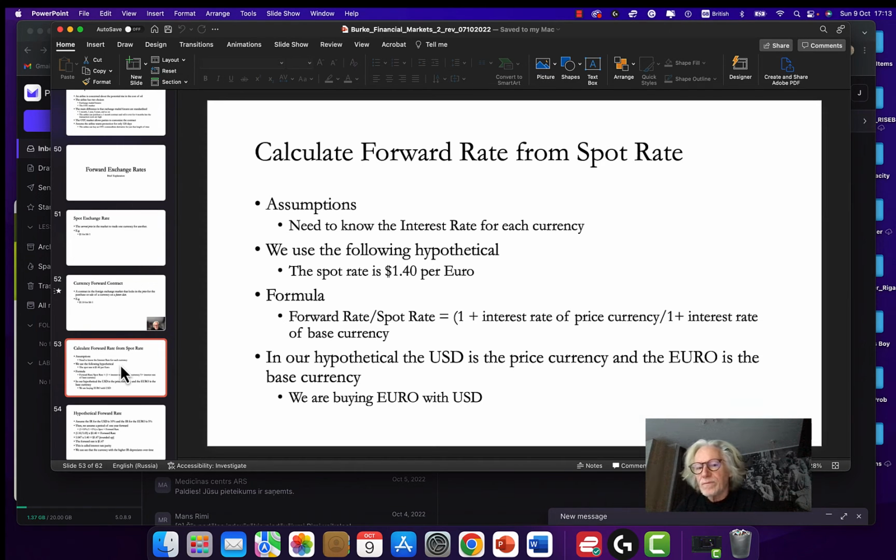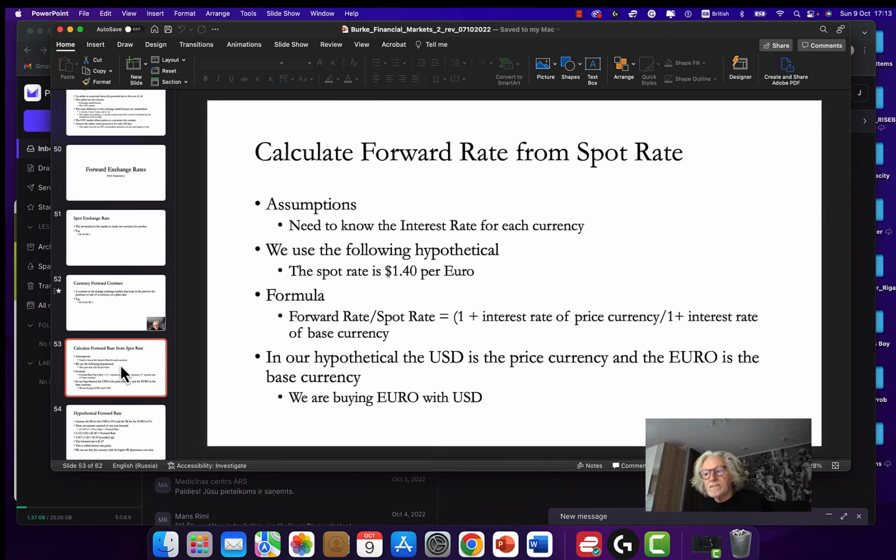How do we get from the spot rate to the forward rate? Well, there's a way to do it. We don't have a crystal ball to know exactly what these future prices will be, but remember, when the parties enter into the forward contract, they're taking on obligations to deliver these currencies according to the terms of the contract that they entered into.